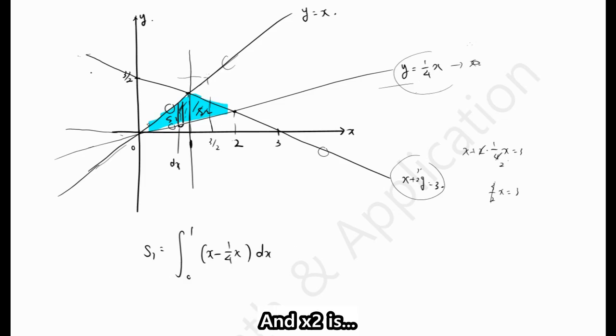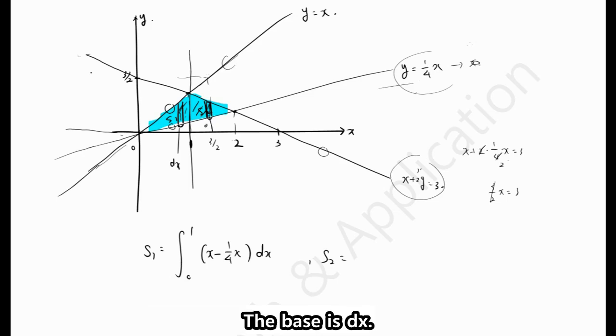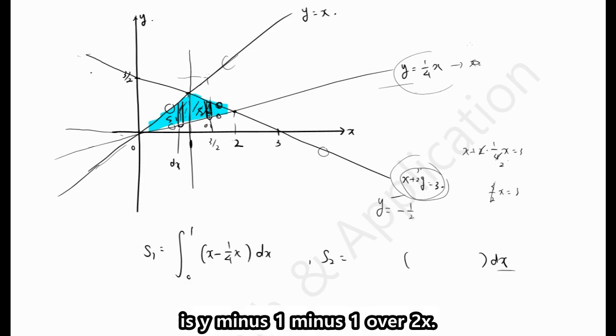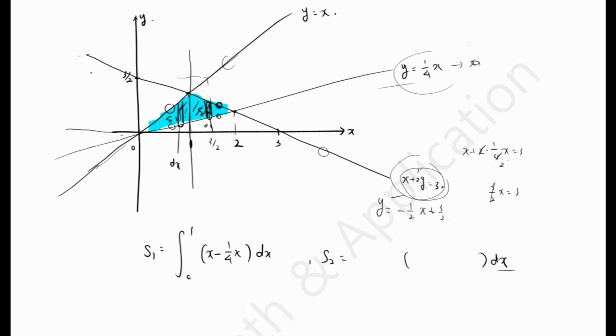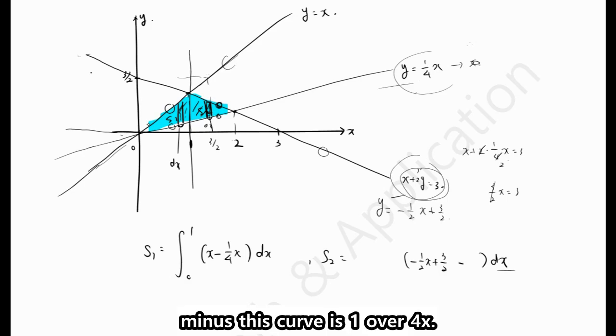And S2: we make a subrectangular area, the base is dx, the height is this line minus this line. This line is minus 1 over 2x plus 3 over 2, minus this curve, 1 over 4x.